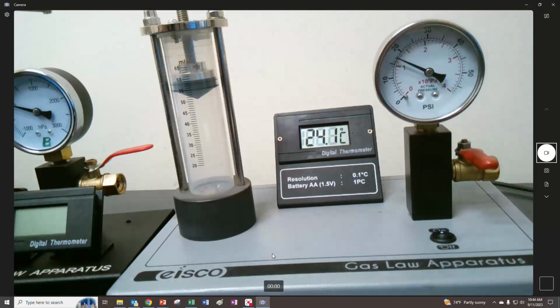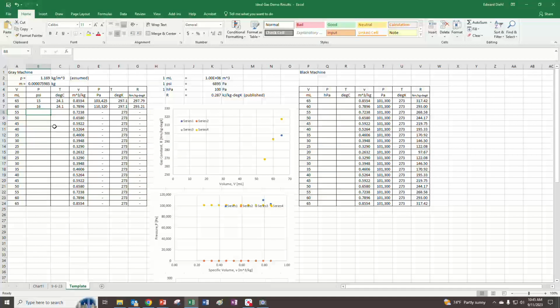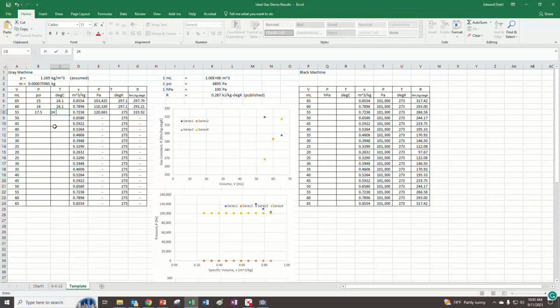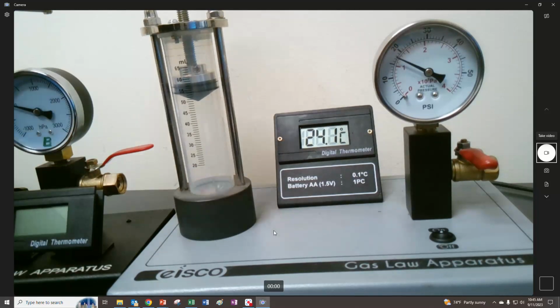And that looks pretty good to me. Still not a temperature change, but it looks to me, if we look carefully, that's 17.5. That's about as best we're going to do. 17.5, and our 24.1. We could jump ahead if we wanted to, or we could be methodical and make this a longer video.